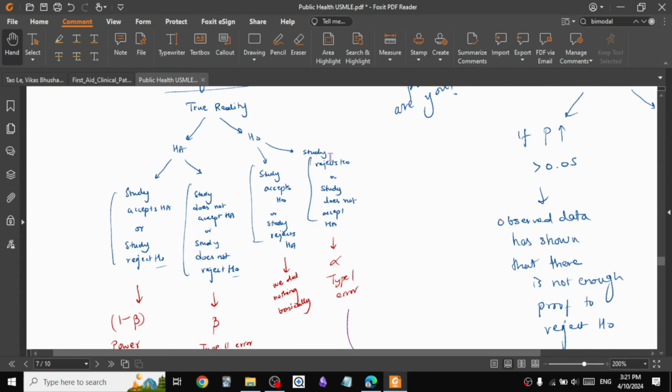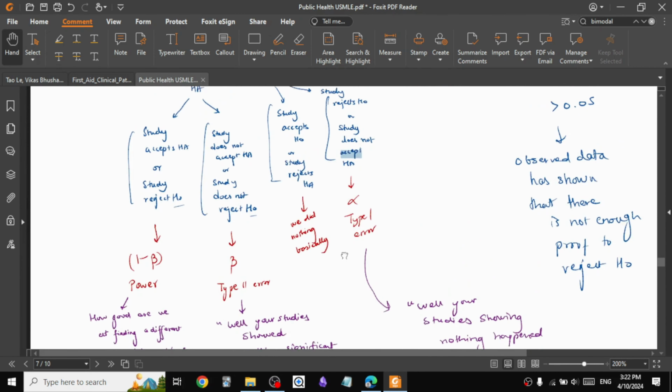Or a study that does not reject HA. I've not been able to reject my HA, and that means H naught is not accepted, but in reality H naught is true.